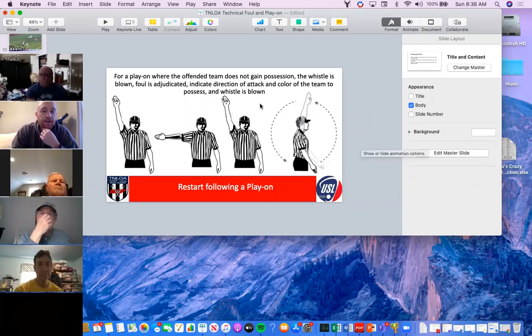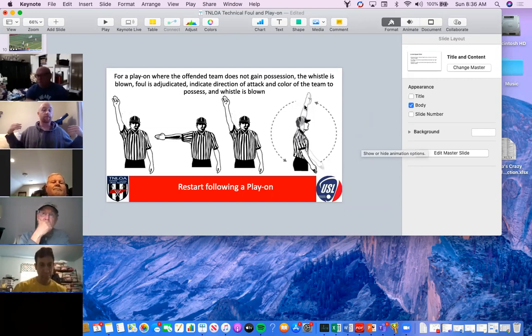Chandler asks, so if a player was pushed on the side, is it a no call? A player is allowed to make physical contact from the front and the side. A push is from the back, from the rear of the player. So any type of contact from the side or from the front between the shoulder and the waist is legal contact.